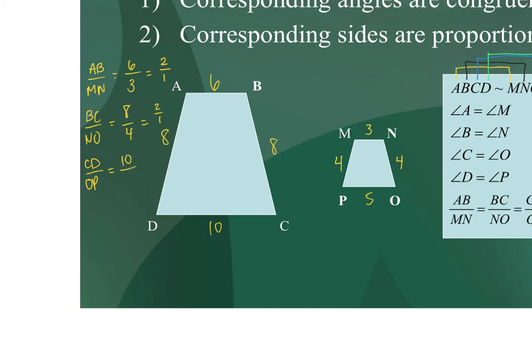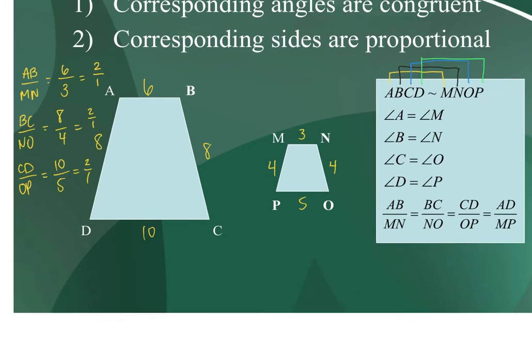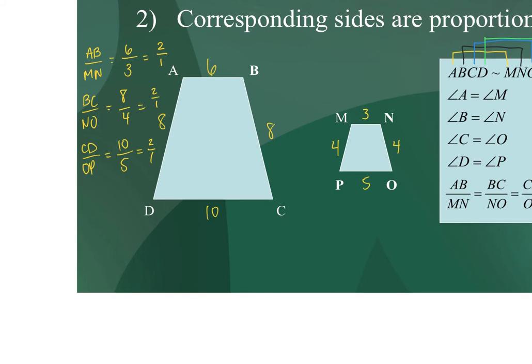What's OP? 10 over 5 reduces to 2 over 1. And our last one, AD over MP. AD over MP. What's AD? What's MP? 8 over 4 reduces to 2 over 1.